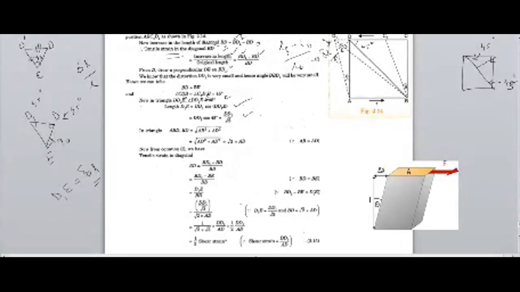Next, I am considering an initial square and I need the initial length of the diagonal BD. So I can write it as AB square plus AD square, since BD is the hypotenuse here.